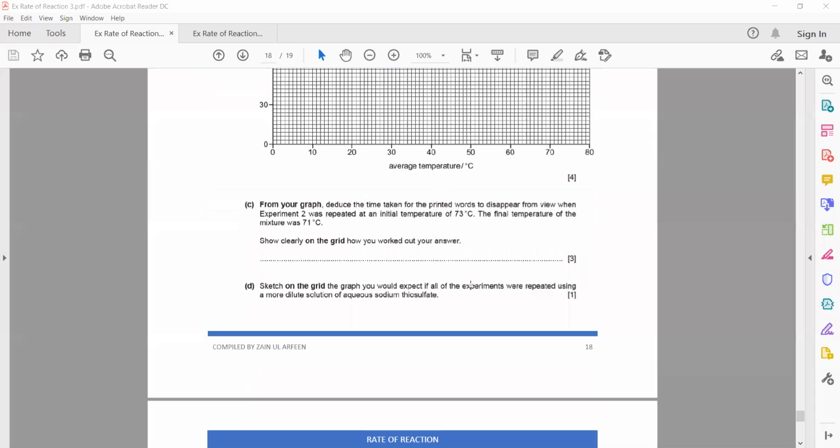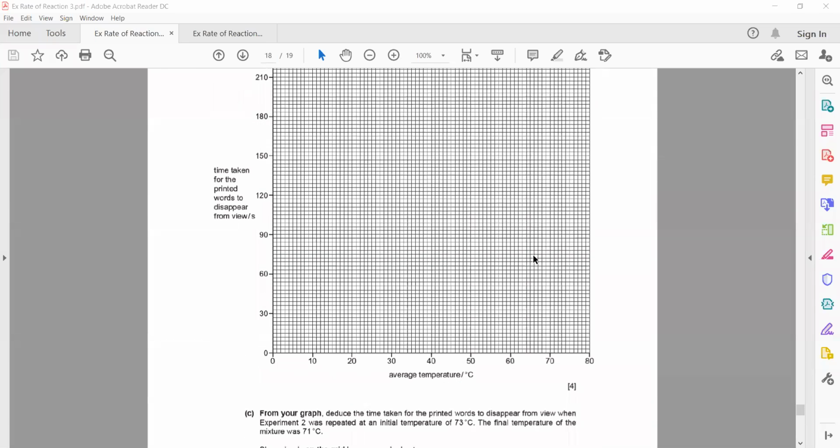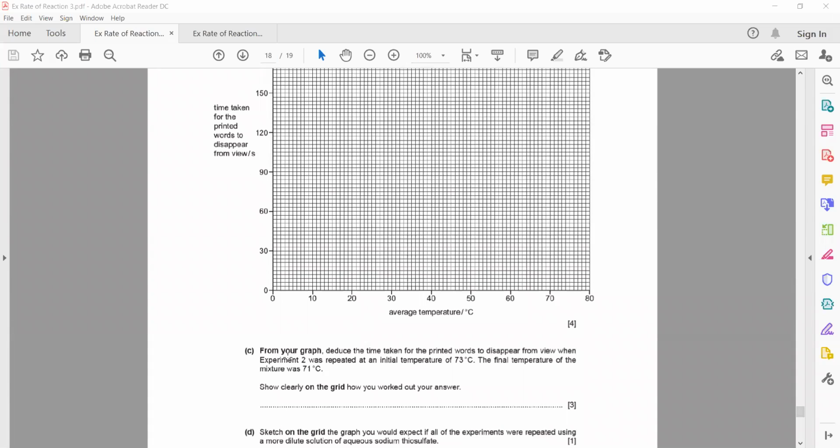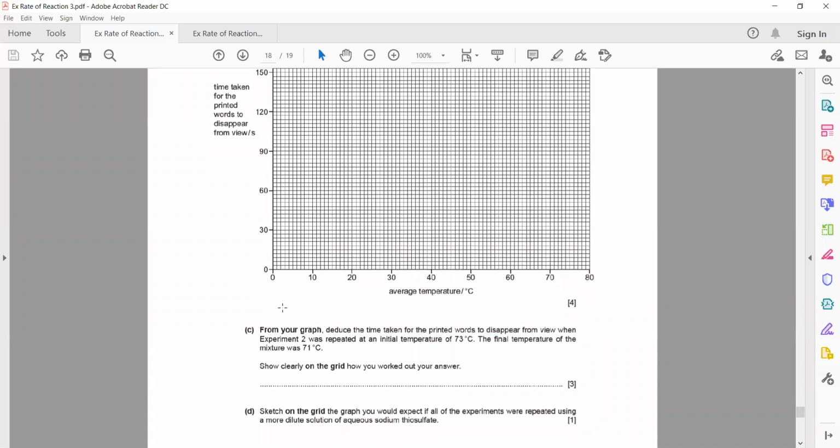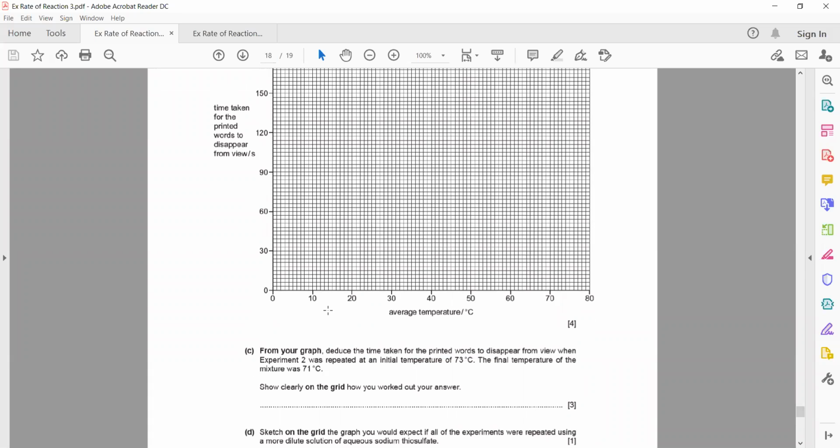Show clearly on the grid how you worked it out. So from your graph, you have to deduce the time for the printed text or the word to disappear from viewing when experiment 2 was repeated at an initial temperature of 73, and the final temperature of the mixture is 71.